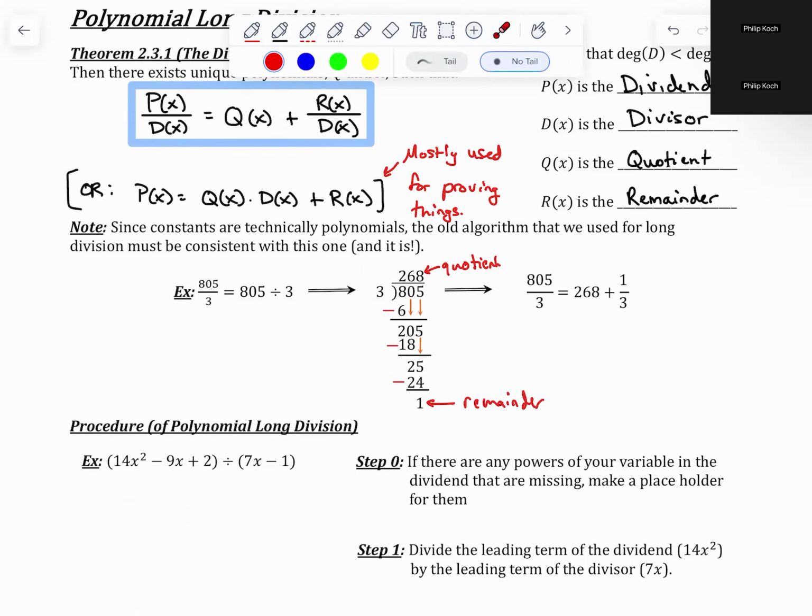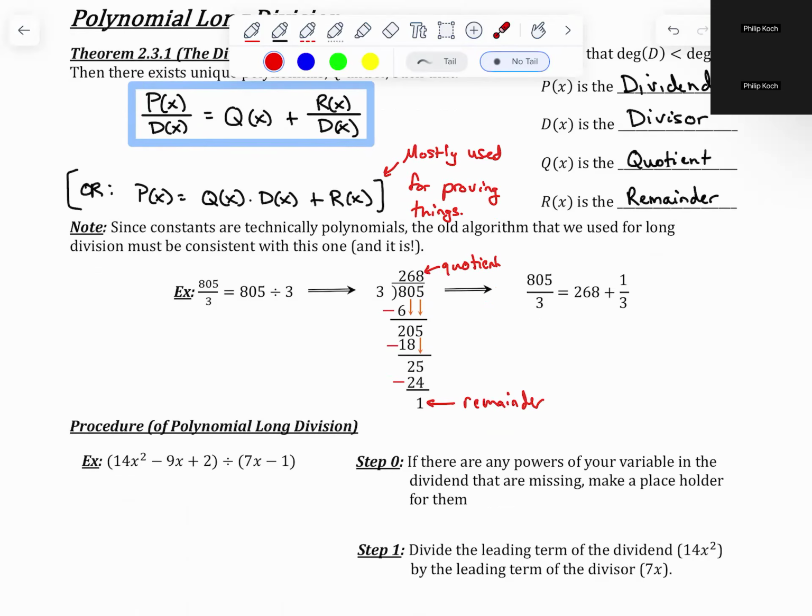So this time what I've got is 14x squared minus 9x plus 2 divided by 7x minus 1. Step 0 is to check if there are any missing powers of your variable in the dividend. Specifically in the dividend, it doesn't matter too much with the divisor. If there are any missing powers, then you need to make sure you put a placeholder for them, and we'll see that in an example in a little bit.